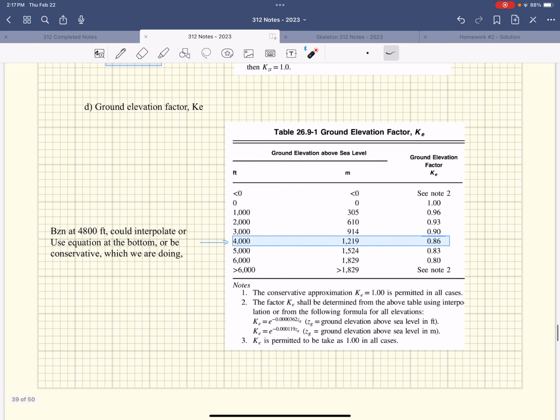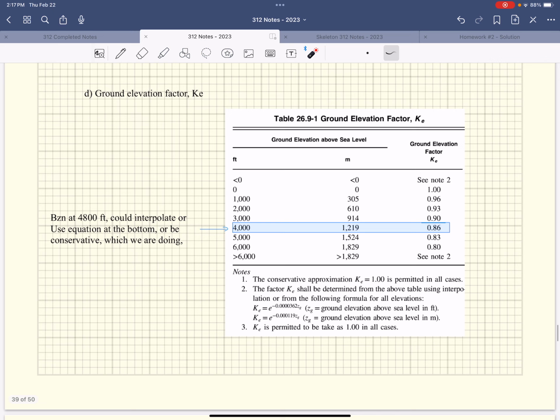Okay, the ground elevation factor, this is accounting for differences in pressure at different altitudes above sea level, right? In our case, we're at 4,800 feet above sea level here in Bozeman, so somewhere between 4,000 and 5,000. You could interpolate. There are also equations down here that you could use to calculate the exact value.